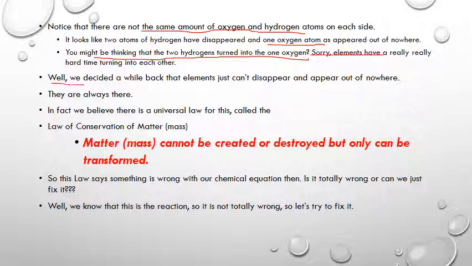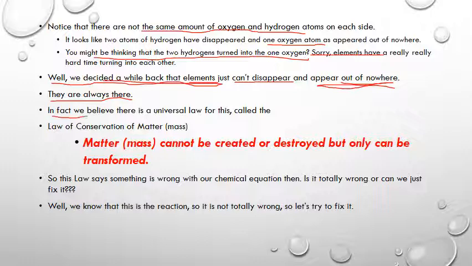We decided 100 years ago that elements just can't appear and disappear out of nowhere. This was brought forth by a guy named Lavoisier. Those elements are always there, we're assuming. So right now we're assuming the amount of oxygens on this planet is the same as it was 1,000,000 years ago, and the amount of carbons is too, and so forth.